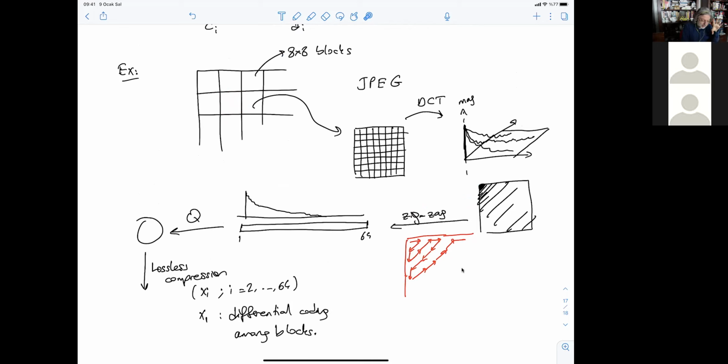That high value is not encoded as it is. It's the difference between the highest DCT value that we generate from this block and the highest DCT value of the previous block. So we subtract it from that, and there's a differential difference between the DC values of the blocks.